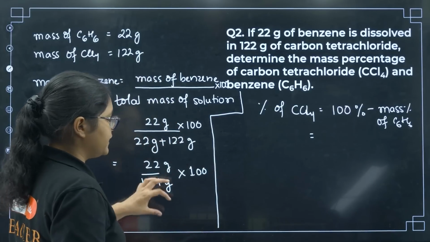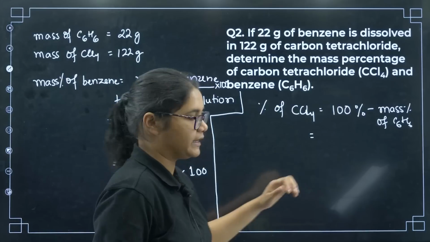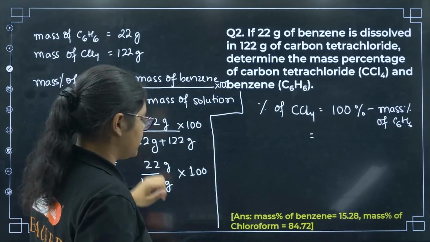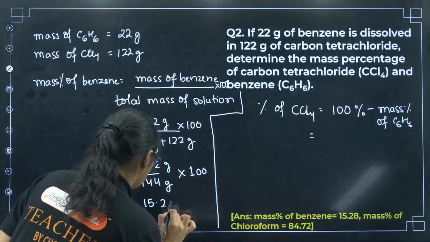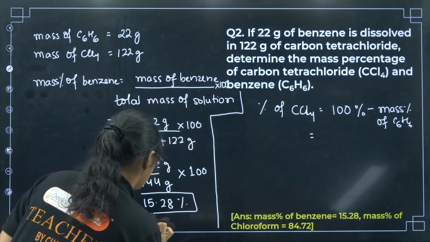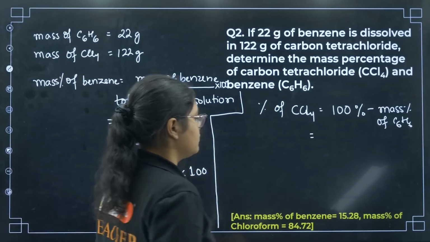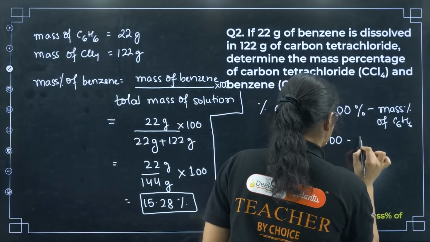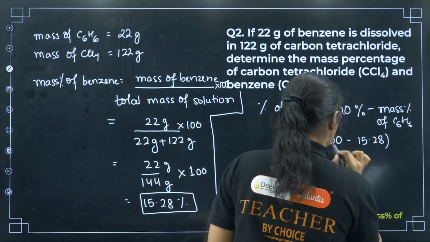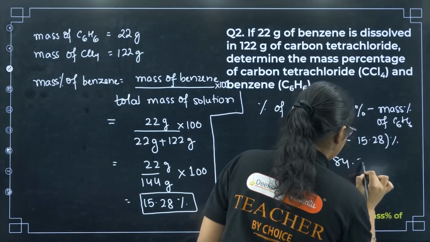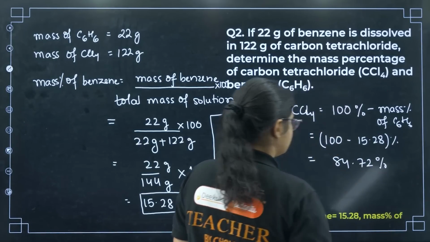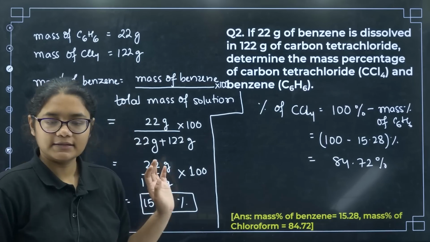So once I calculate here, then subtract it from 100, you will get the values. So the mass percentage of benzene is coming to 15.28%. Now here I will do 100 minus 15.28%, and that will give me 84.72%. Clear? This is fine?